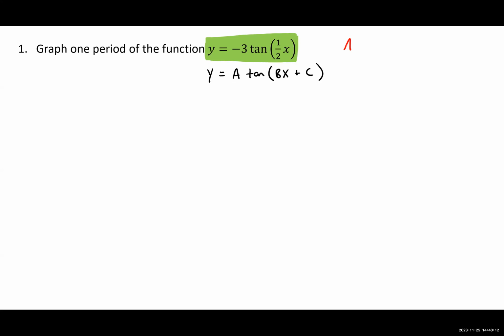Well, a is negative 3. b is 1/2 because we've got 1/2 x. And c, well, there is no plus or minus term in the tangent function, so in this case, c is going to be 0.